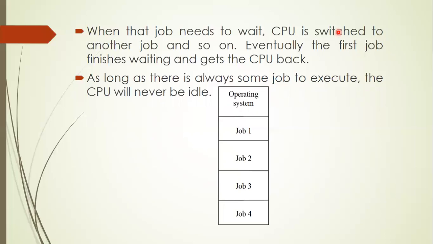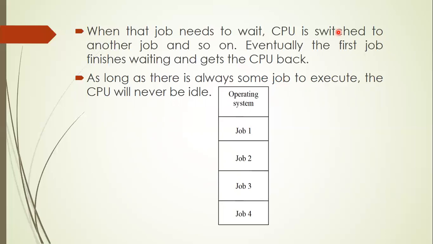Since the requirement for job 1 is 100 seconds, the waiting time for job 2 will be 100 seconds. Job 3 will be executed only after completing job 1 and job 2. Job 1 needs 100 seconds and job 2 needs 200 seconds, so job 3's waiting time will be 300 seconds. And job 4 has to wait till all the previous jobs are completely executed, so its waiting time will be 500 seconds.